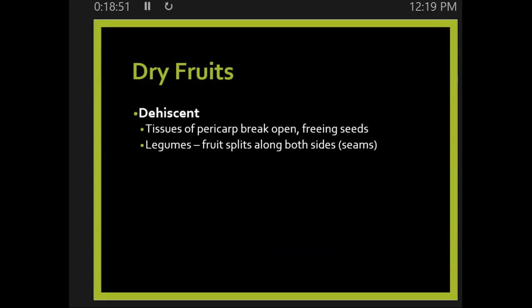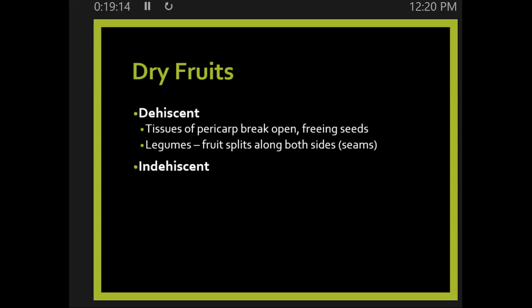Legumes are a special case. They're dehiscent dry fruits. If you look up the definition of a legume, often it's provided in this way. They'll say it's a plant whose fruit splits along both seams. And so both seams of the fruit will split open upon maturity, releasing the seeds. So that's often a definition that they'll use for legumes.